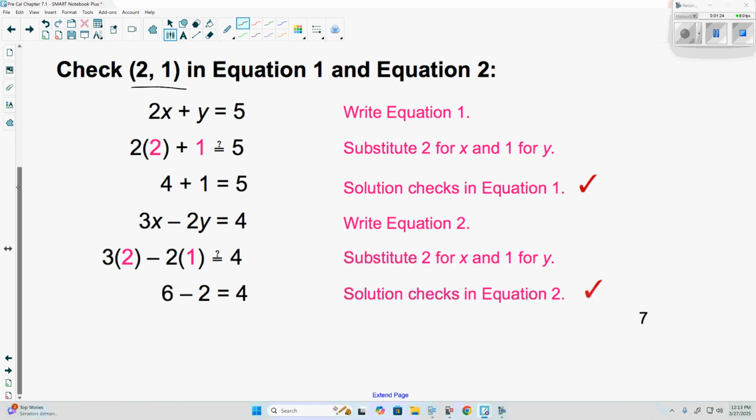We can use (2, 1) for the second equation, plug in 2 for x, 1 for y, and solve, and yes. Just like the first one, we get 5 equals 5. Here we get 4 is equal to 4. So it works. It's a solution. With systems, it's got to work in both equations.